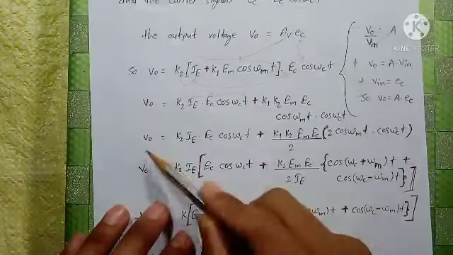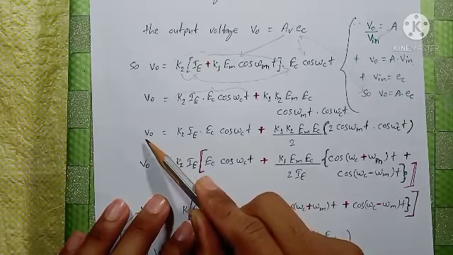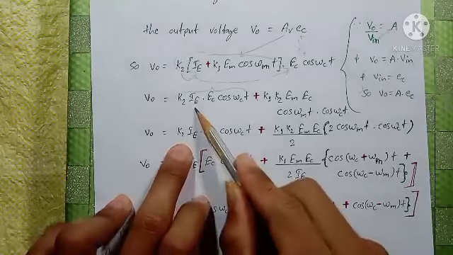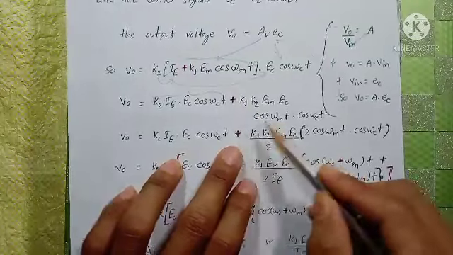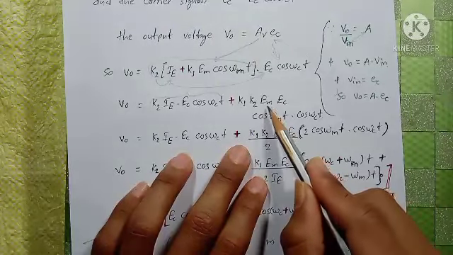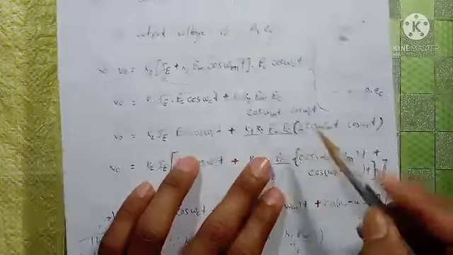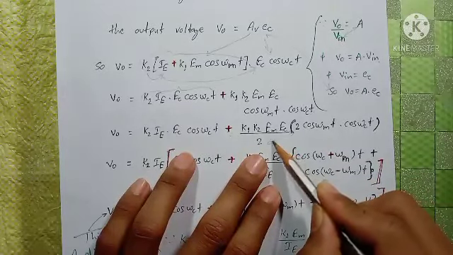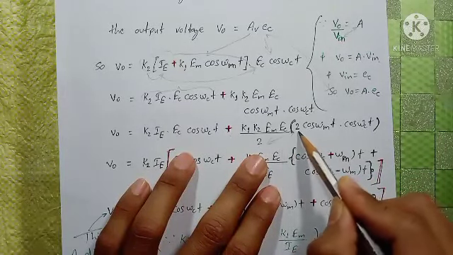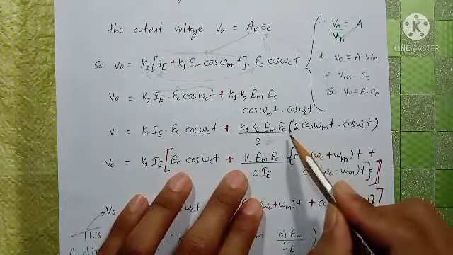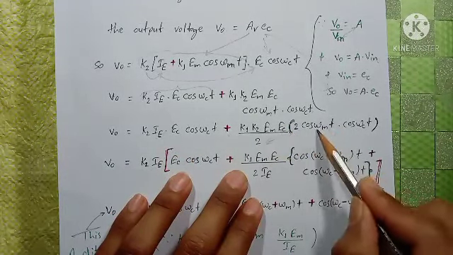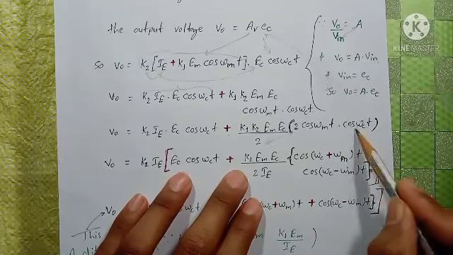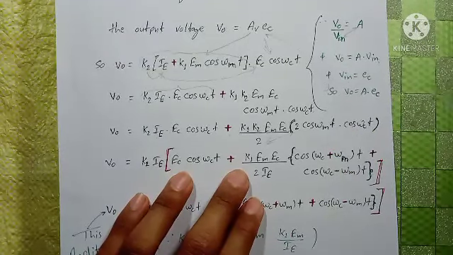So we get the value of V0 is equal to K2 IE EC cos omega c t plus K1 K2 Em EC. Here we multiply and divide by 2, so we get K1 K2 Em EC divided by 2 into 2 cos omega m t into cos omega c t.